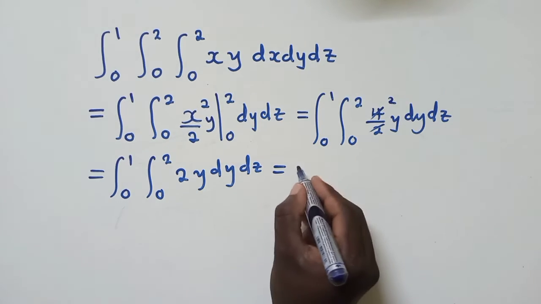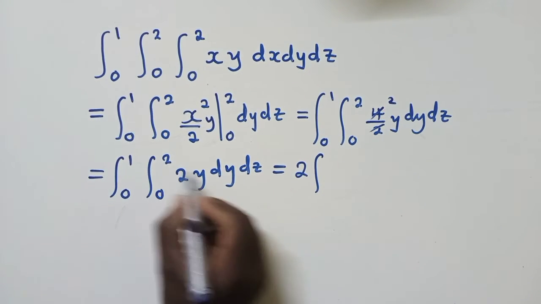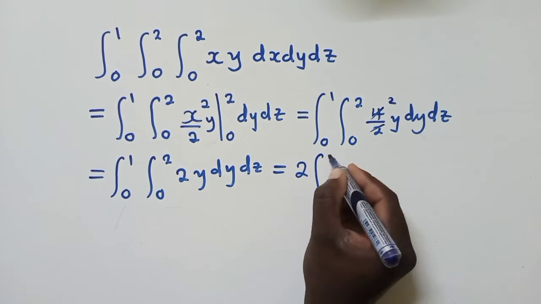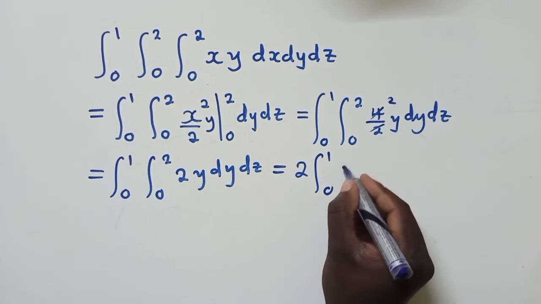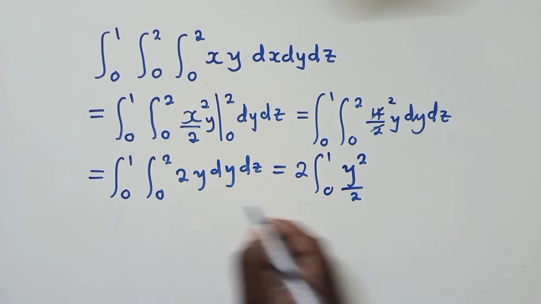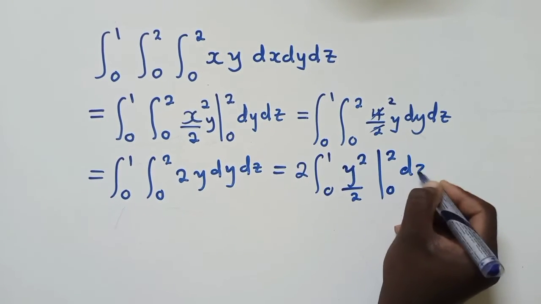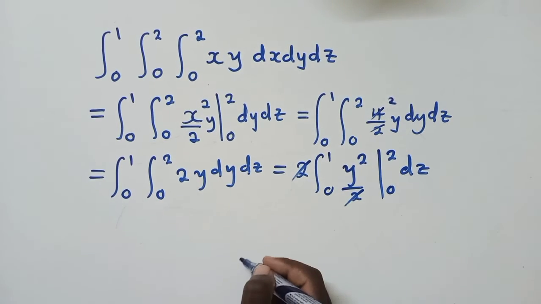Next here is to just factor out the 2, okay? And we integrate now, we're respecting y, so we move with y. The limits there is 0 to 1. We forget about this because we are integrating now. It will be y squared over 2, okay? Limits from 0 to 2, and we remain with the dz, okay? So these 2 and the 2 will cancel.